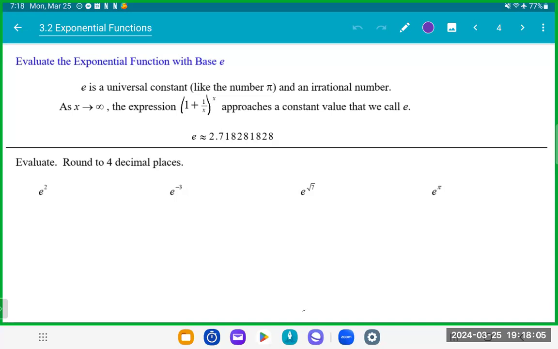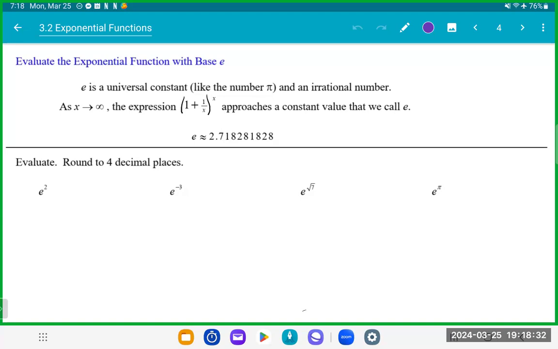It is also an irrational number. And as our x gets infinitely larger, then our expression gets closer and closer to this number we call E. And if you look on your calculator, you could push the E character and it will return this 2.718 and so on, decimal value.